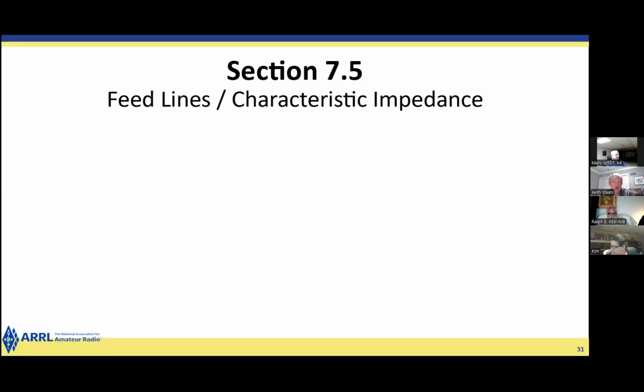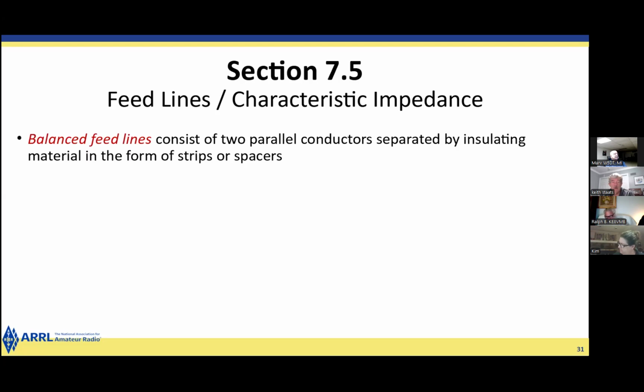All right. Let's go on to feedlines. Characteristic impedance. Balanced feedlines consist of 2 parallel conductors separated by insulating material in the form of strips or spacers.